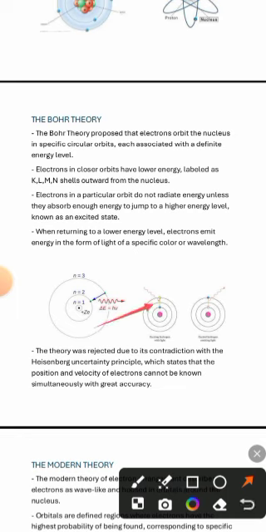As you can see in this diagram, they jump to a higher energy level because they have absorbed energy. Also, when they are in that energy level, they emit that specific amount of energy and jump down to the state they were before, the ground state, releasing energy in the form of light.